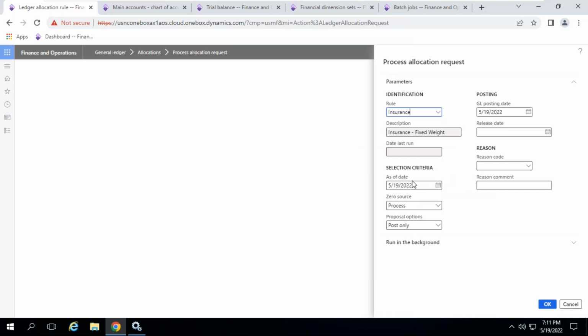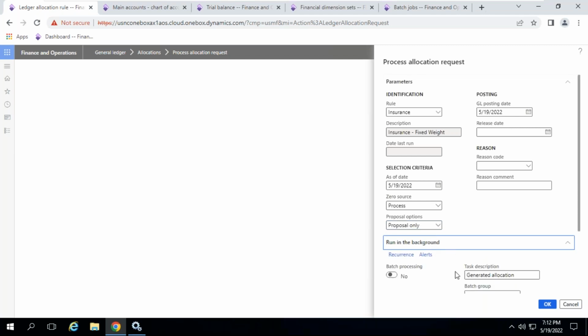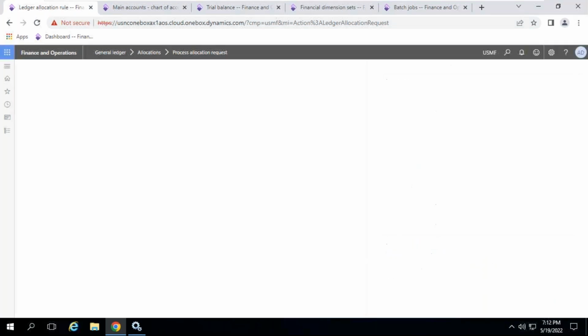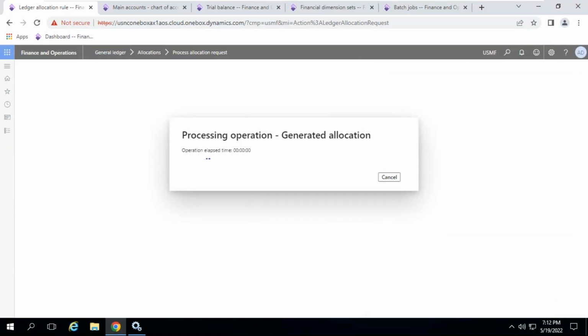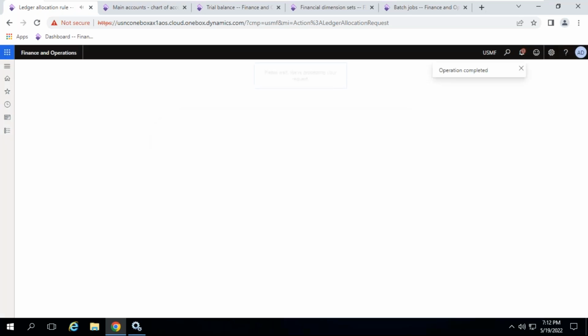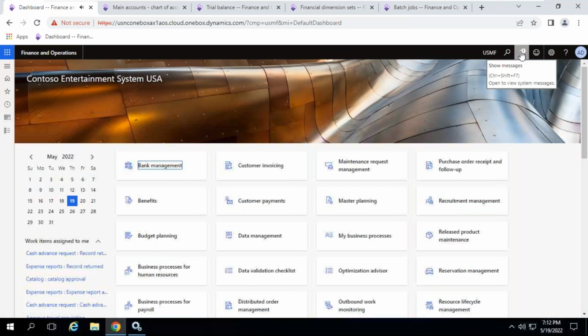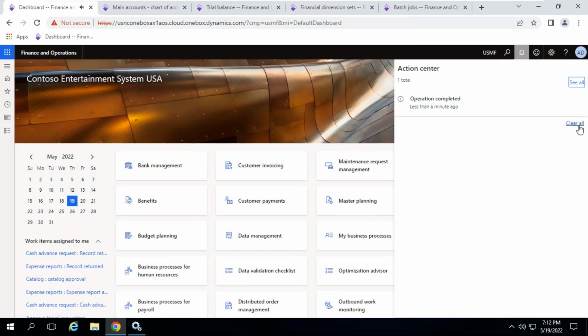Till date it was calculating, and here proposal only is there. First you can use proposal only. I'm clicking okay. This is also a background process. If you want, you can enable that batch job. Now operation completed. What happened? Let us see.